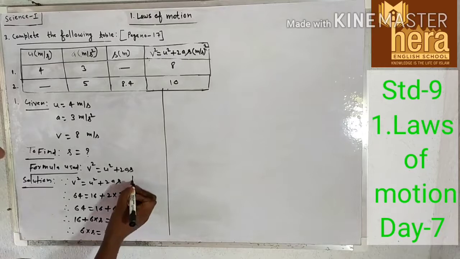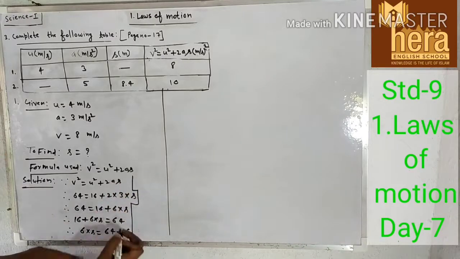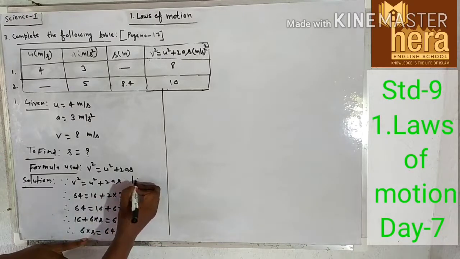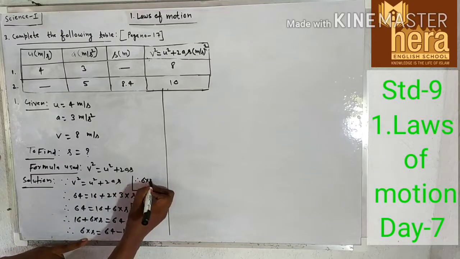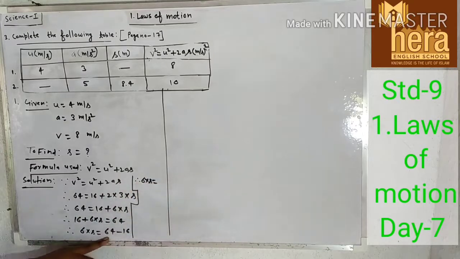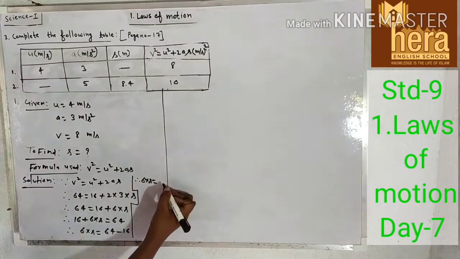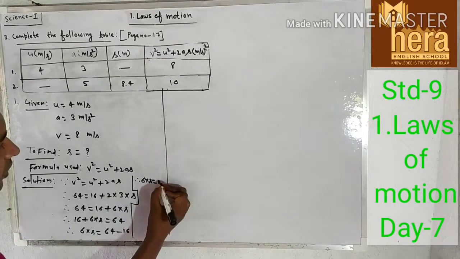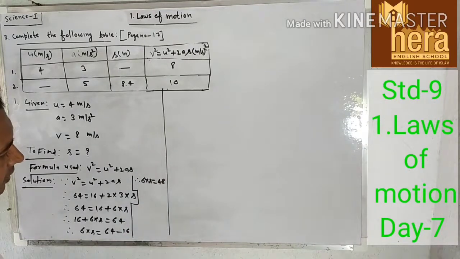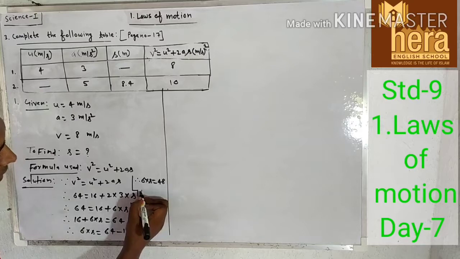So I am writing here, therefore 6 into S is equal to 64 minus 16, that is equal to how much? 48.